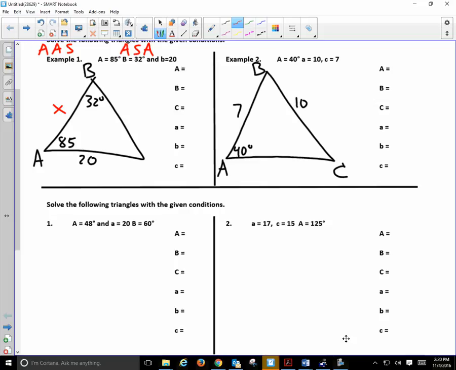Let's look at the situation that we deal with today. How many sides are we given here? We're given two. Is this a side-side-angle or a side-angle-side? Which one is it?